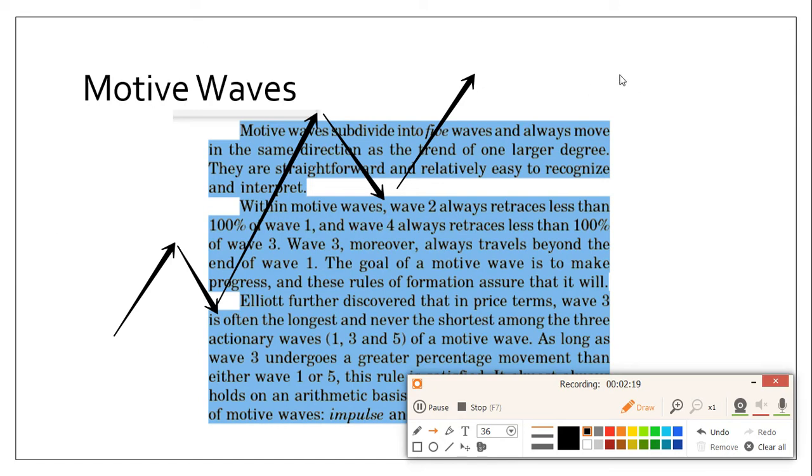So this already is a motive wave because it's subdivided into five waves, and within these motive waves, which is 1, 3 and 5, we also find subdivisions of five waves in them that are following the direction of this overall five wave pattern, which is now being mentioned here as a trend of one larger degree.